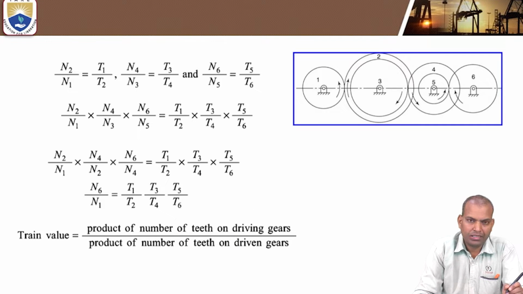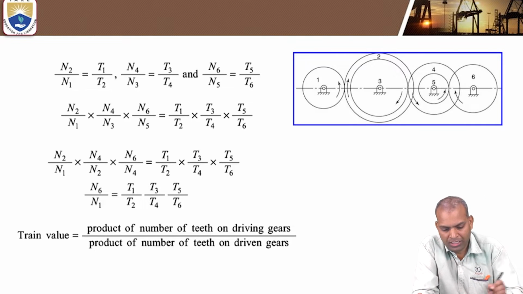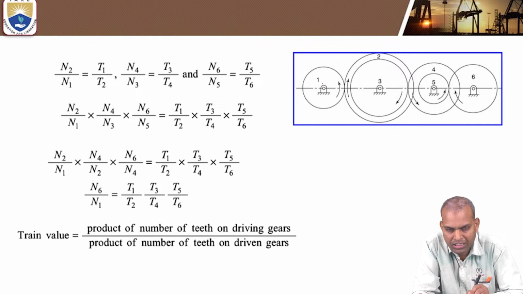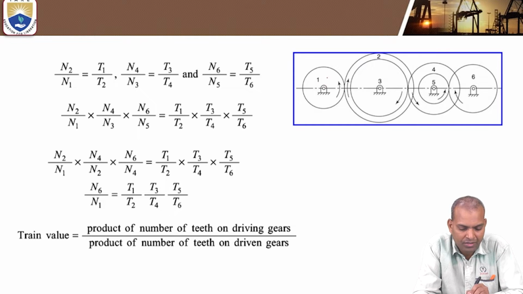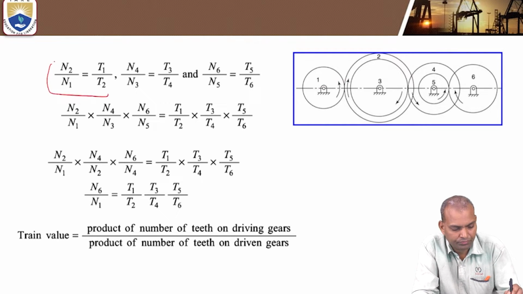Now, for calculating the train value of the compound gear train, let us begin. Gear 1 is meshed with gear 2. If gear 1 is the driver and gear 2 is the follower, then N2 by N1 equals T1 by T2.